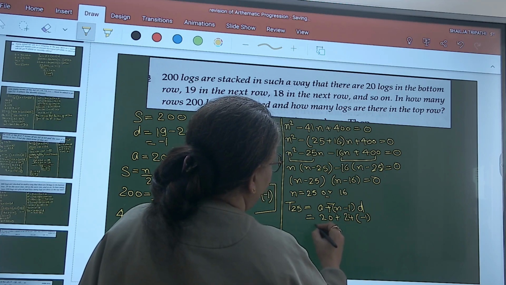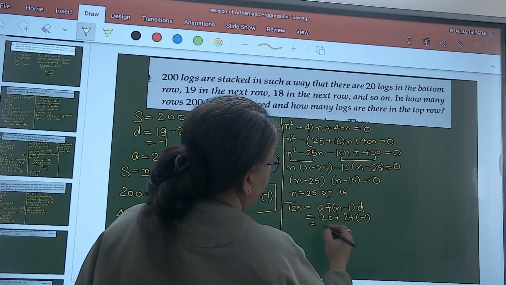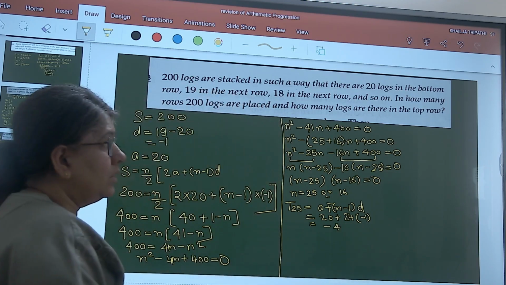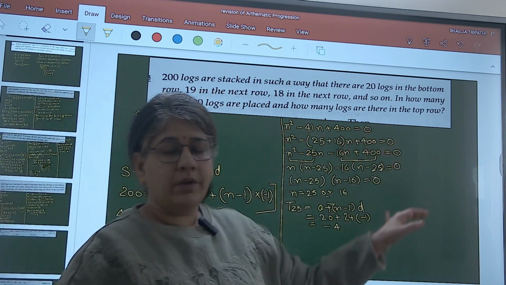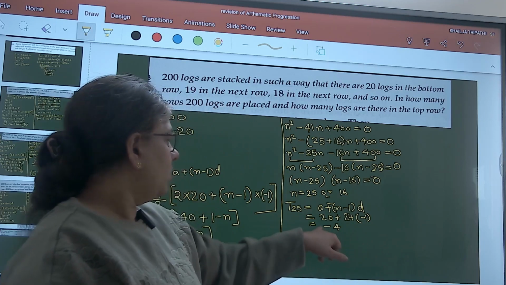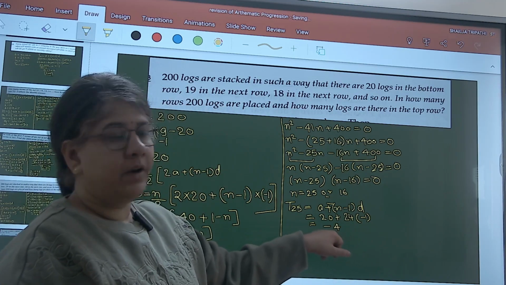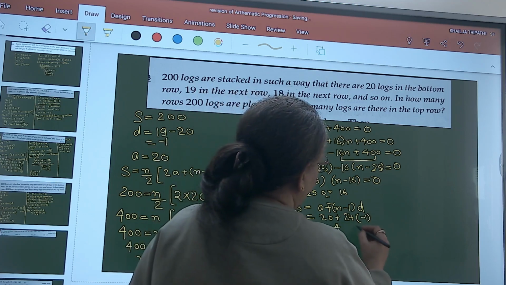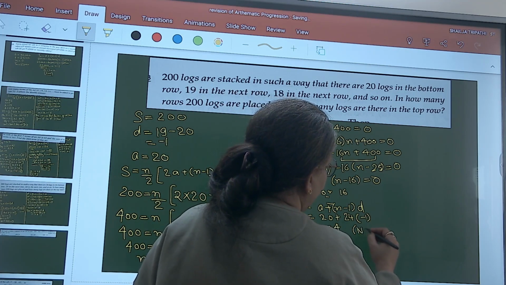So what we get? Minus 4. So the number of logs on the topmost row is minus 4. So number of logs cannot be negative, so this is not possible. So you can write here not possible.